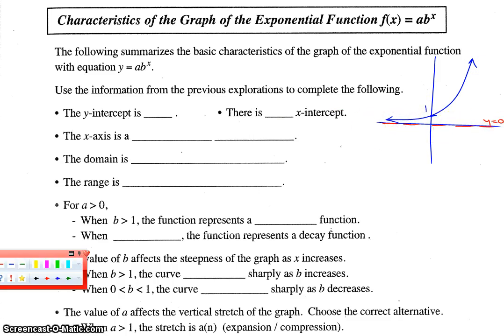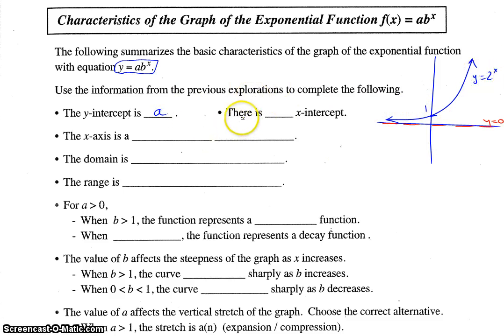Domain and range we talked about already, so let's fill this in. If you wanted to go with this actual equation, the y-intercept would be a. And if it was just a basic graph like y equals 2 to the x, it would equal 1. There is no x-intercept. The x-axis is a horizontal asymptote.